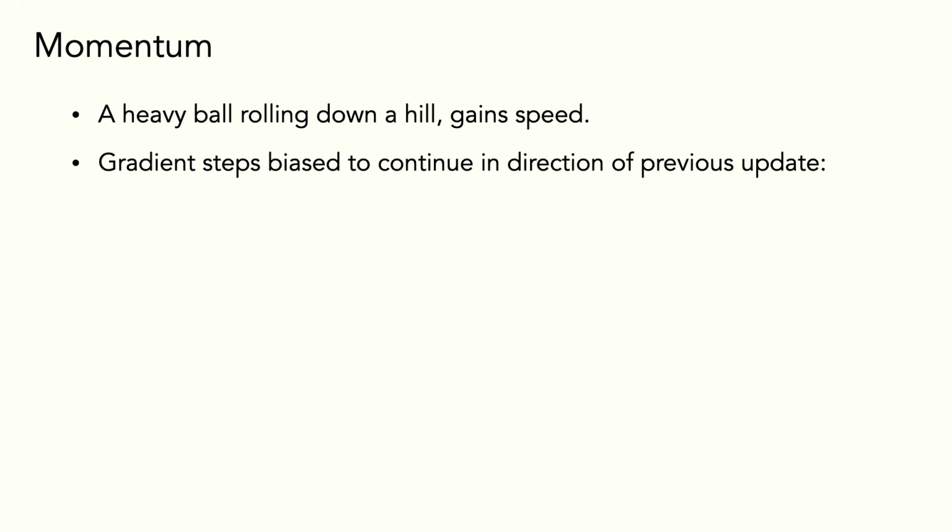What we do when we think about momentum in gradient descent is we bias our gradient steps to continue in the direction of the previous update. You're giving it momentum based on its past direction of movement. So here, what that looks like is you're just adding in a momentum term, parameterized by alpha, that captures the direction that you moved in the past.